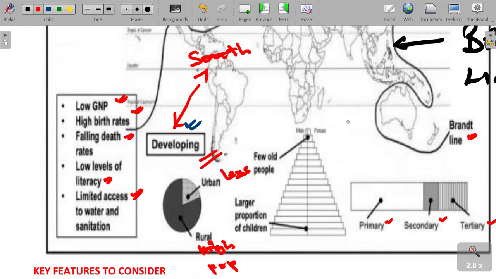And then looking into the population pyramid of a developing country, the population demographics here explain that we have a larger proportion of children. Children are so many of them.